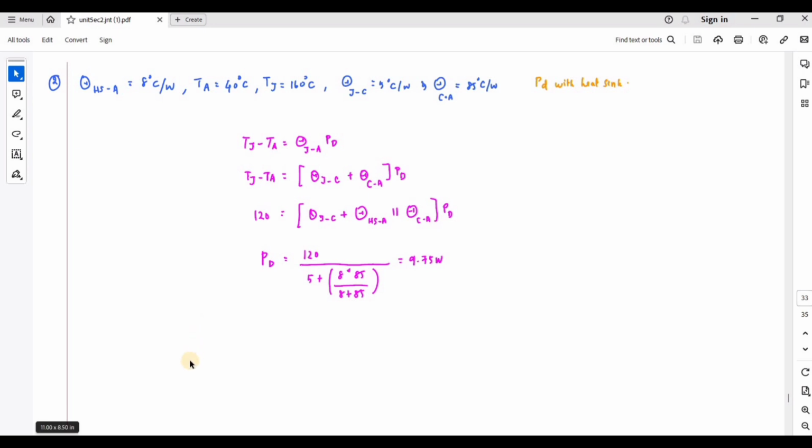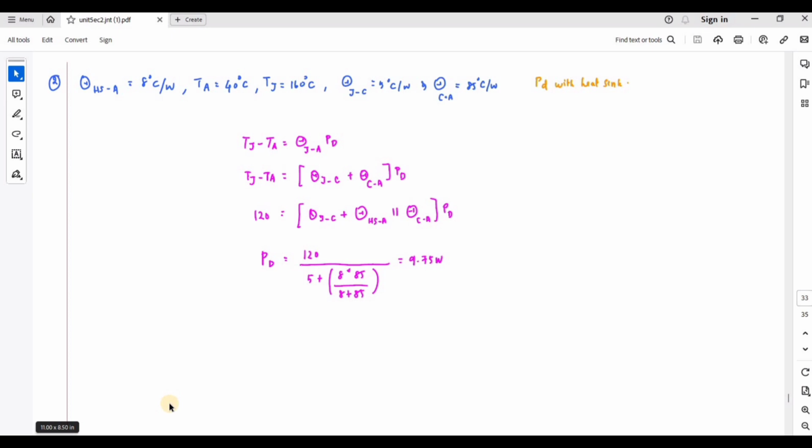So in the next video we will discuss the class B amplifier, which is also classified into two types. One is the push-pull amplifier, and the other is the complementary symmetry class B amplifier.